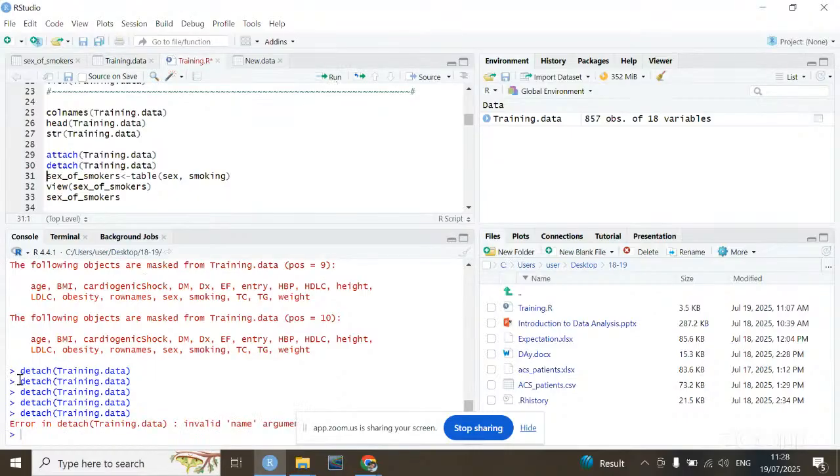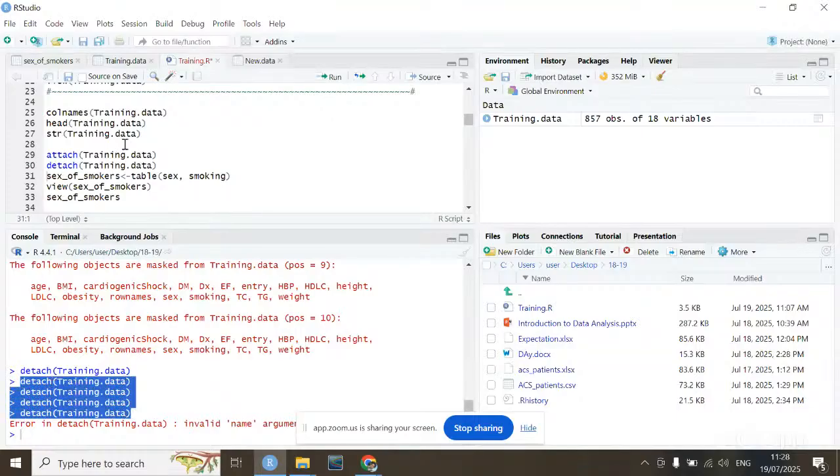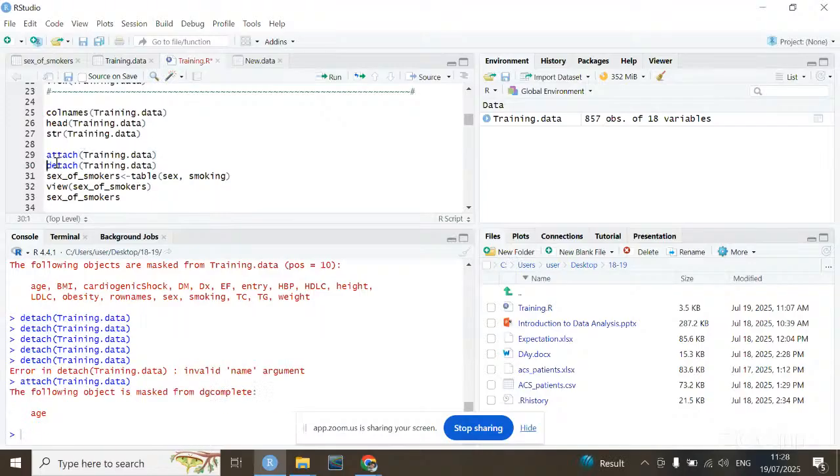It looks like I've attached the data like 5 times, so I have to detach it 5 times. But this doesn't affect our analysis.